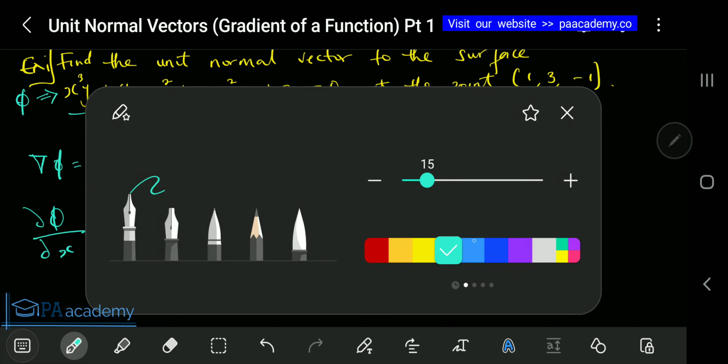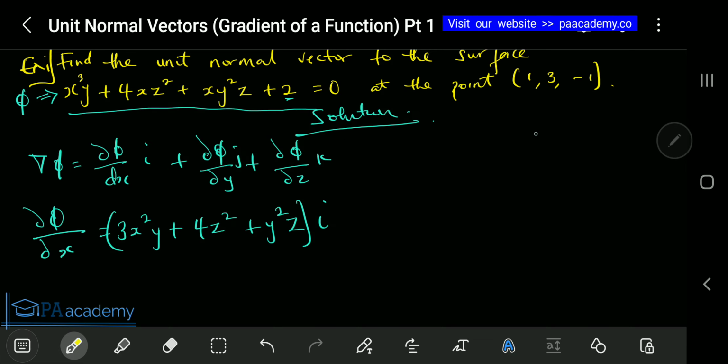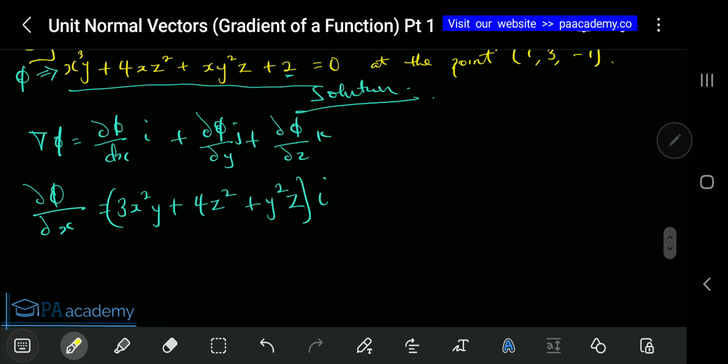Now let's go to that of y. If we differentiate with respect to y again, this will give us x cubed. For the second term, there is no y, so everything there is going to be 0, so we ignore the second part.